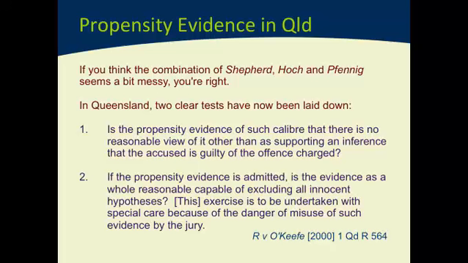So in other words, before the court admits propensity evidence, it must exercise the utmost care to ensure that by using propensity evidence, it is not inadvertently perpetrating an injustice. So in Queensland, and in answer to things like exam questions, I would certainly like you to know that the Shepherd test, the Hoch test, and the Pfennig test exist. But in terms of application, the best test to use is O'Keefe.